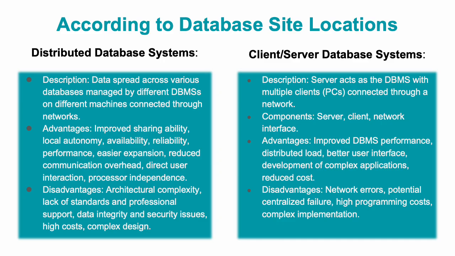Local autonomy: each site can manage its own data independently. Availability: the data is more available since it's distributed. And reliability: it is more reliable because it's less likely for all sites to fail simultaneously.